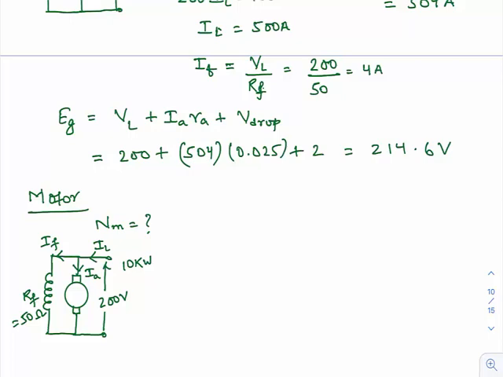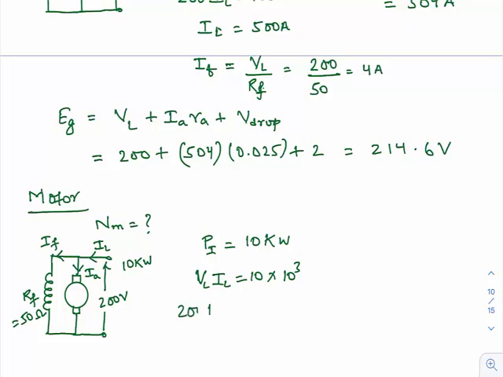So IL would be equal to... input power is 10 kilowatt, right? So let us find. Input power is VL into IL. So 10 into 10 to the power 3.